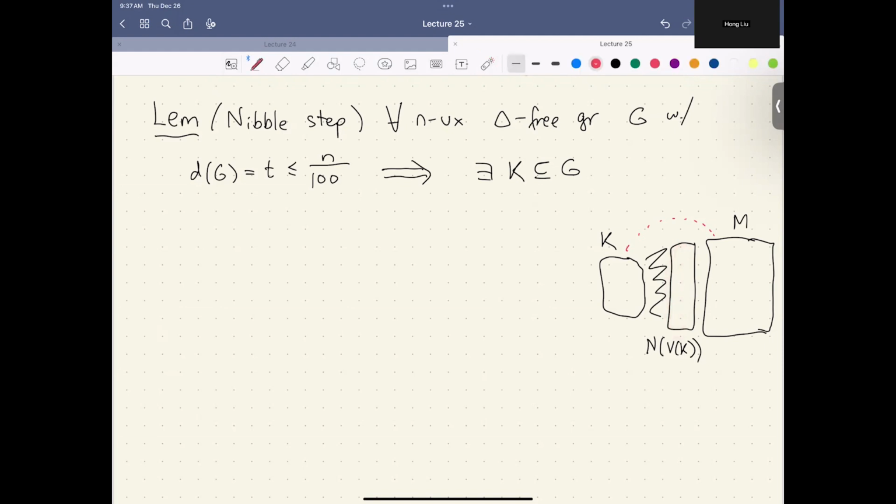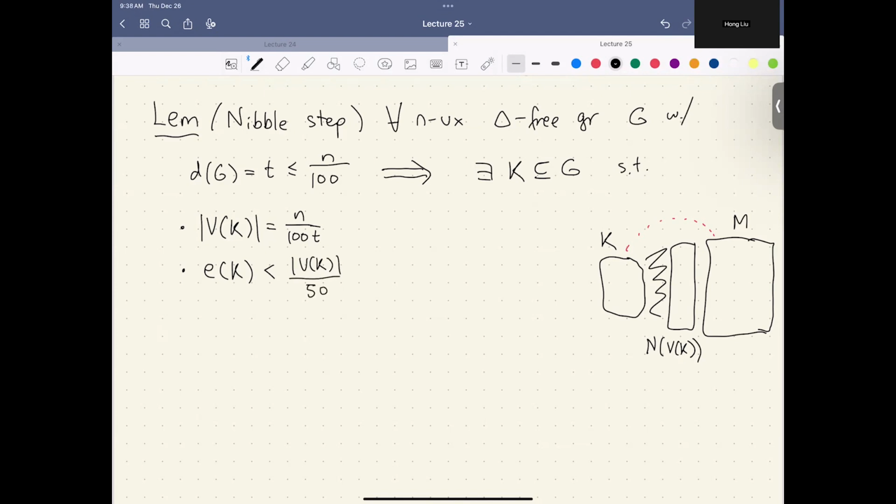So we can find such a subgraph K such that it is small. The number of vertices is n over 100t, but it's very sparse basically. Size is roughly n over t, and the number of edges is also linear in its order, at most 1 over 50 times the number of vertices.